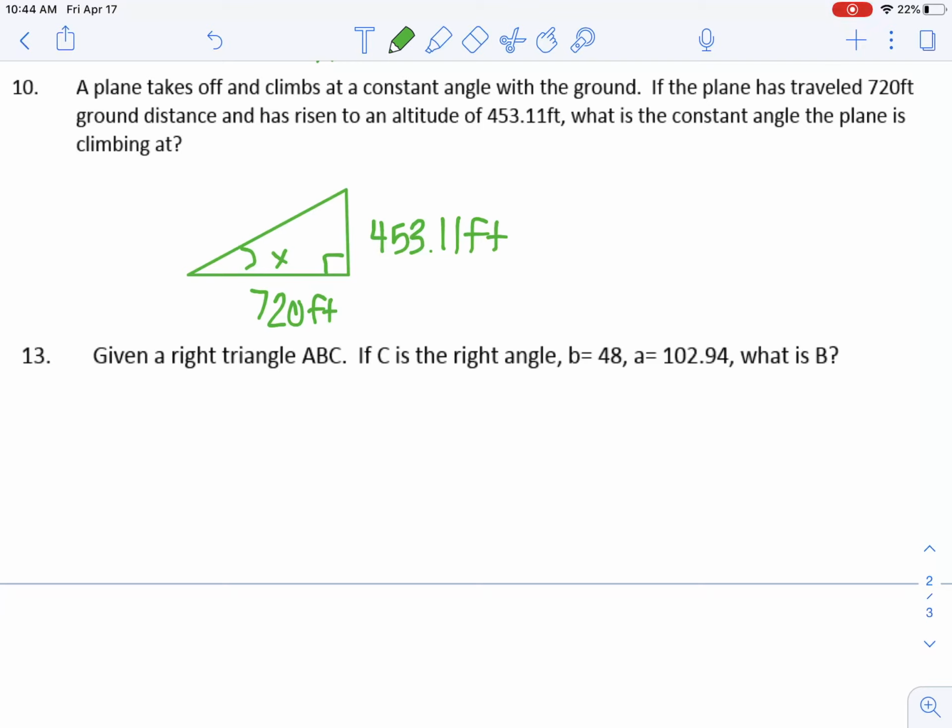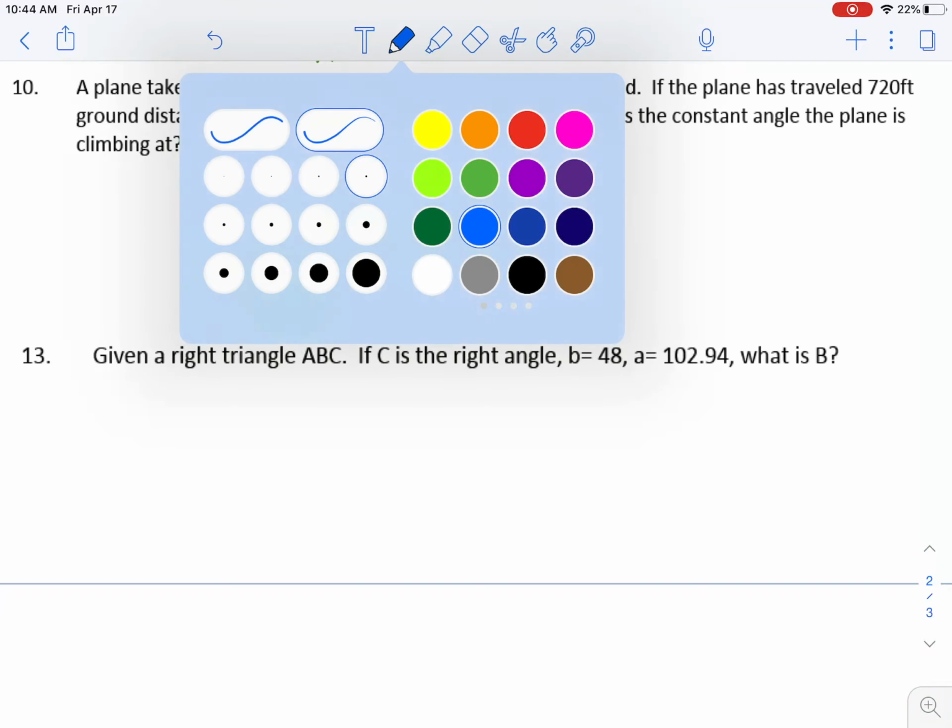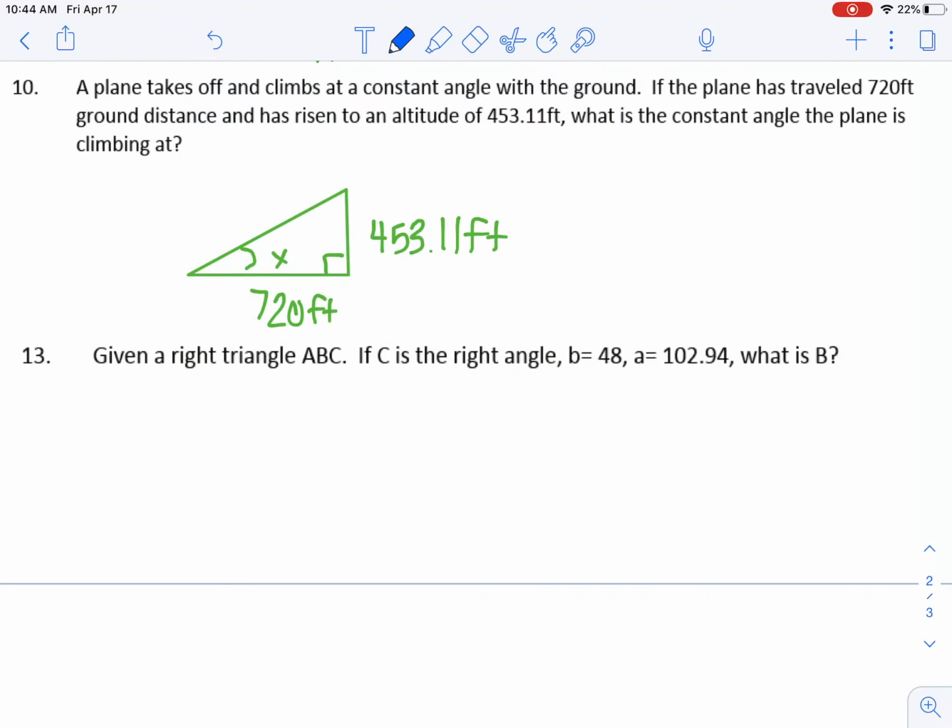Okay, so I'm going to help you through this one because this one's a little bit different since we're trying to find an angle. So first I'm going to label my sides. If this is the angle that I'm trying to find, we would have 453.11 feet, that would be our opposite side, and 720 feet would be our adjacent side.